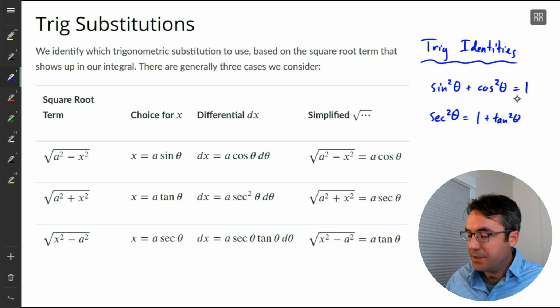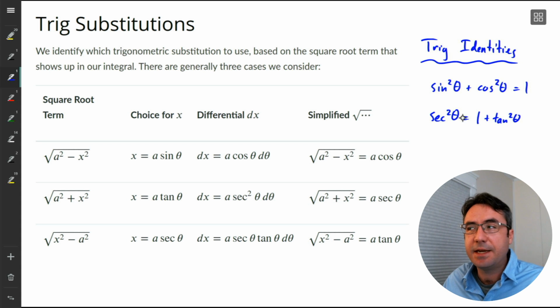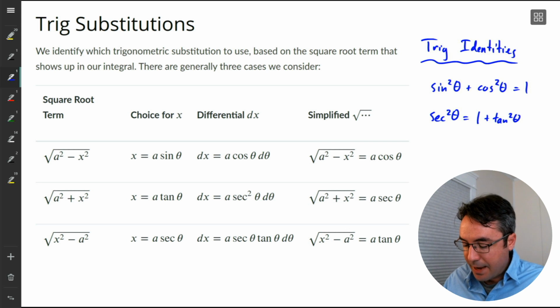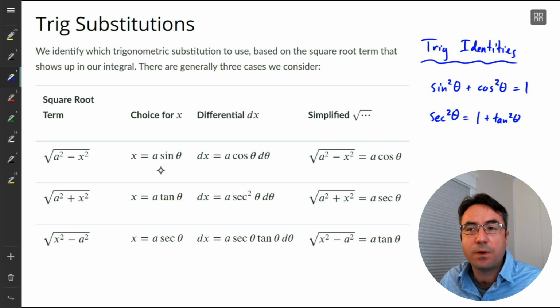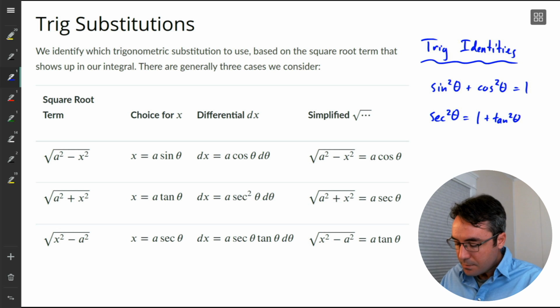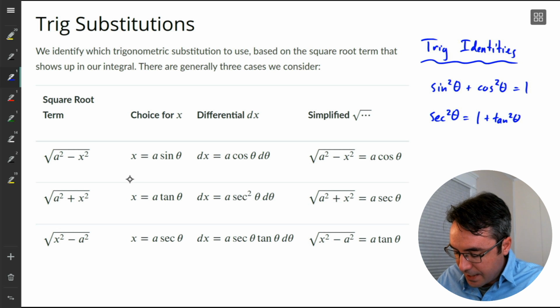But where the magic happens is we're going to be able to use these trig identities to really simplify that square root term. So let's look at what happens when we let x equal a times sine theta. We're going to see how that choice for x really simplifies this square root term down. So let's try it out.